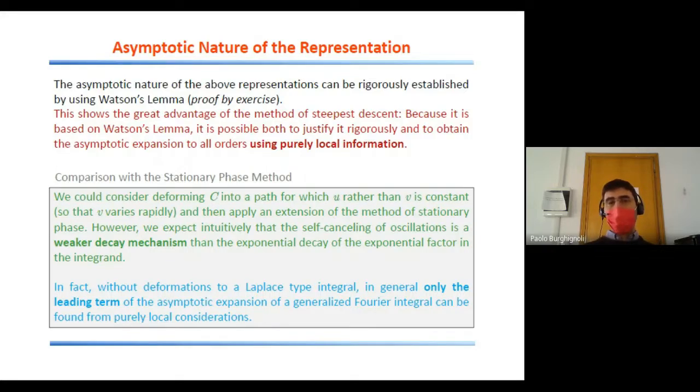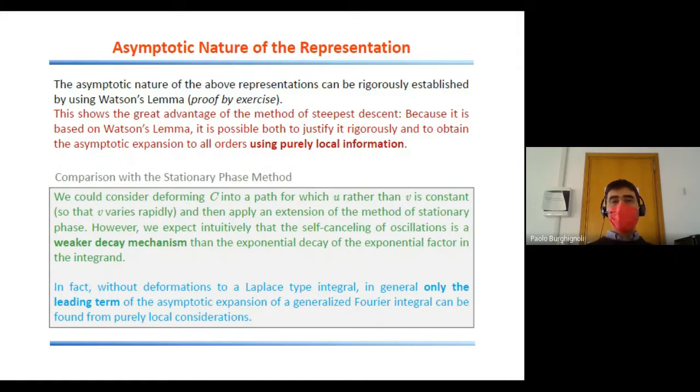Laplace integrals. However, as we commented in the last lesson, the kind of mechanism that determines the decay to zero of a Fourier integral, that is the cancellation due to rapid oscillation of the integrand, is intrinsically a weaker decay mechanism with respect to the real decay of a real exponential as the one that occurs in Laplace integrals.